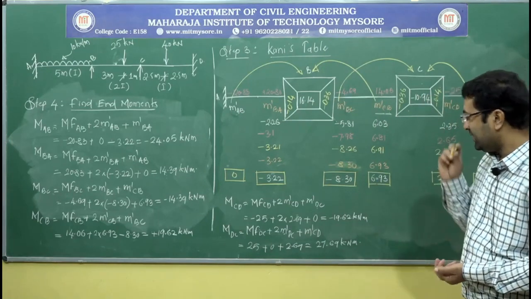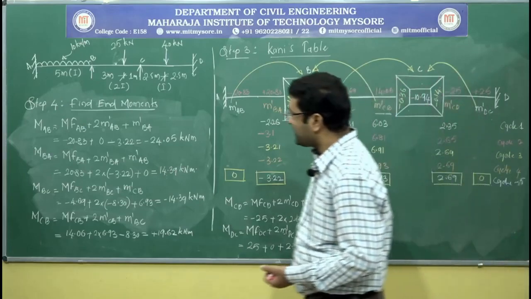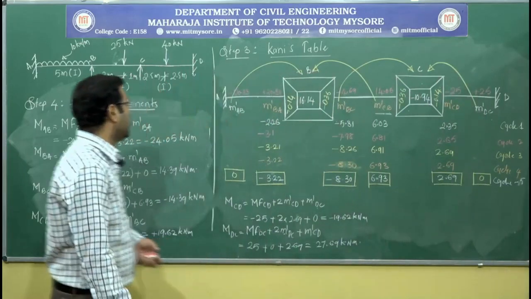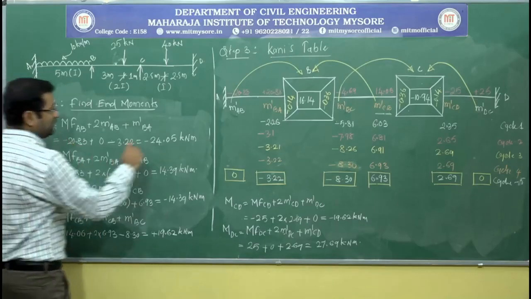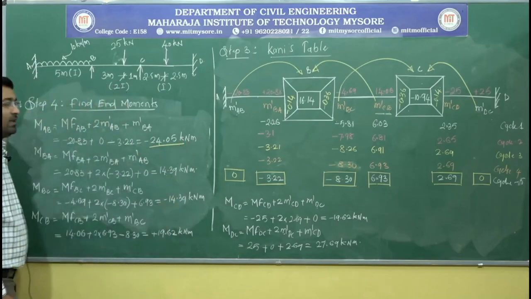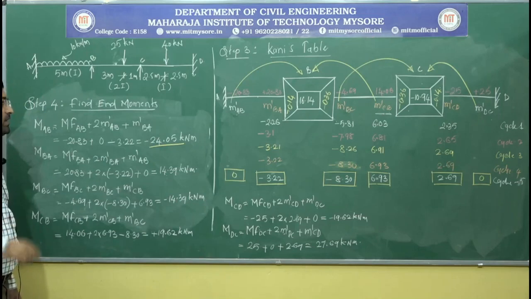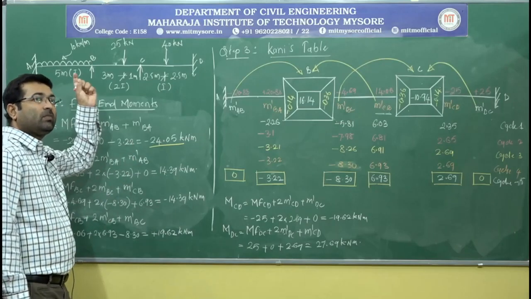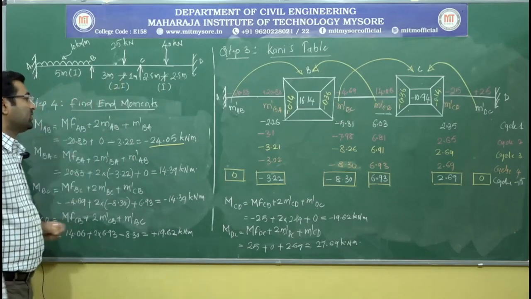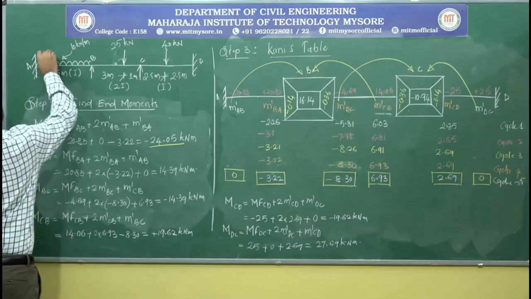Once we calculate these end moments, we need to represent them in the loading diagram. So MAB, as per our calculation, is minus 24.05. Minus means it is a negative value, so we need to represent this as anticlockwise in direction.